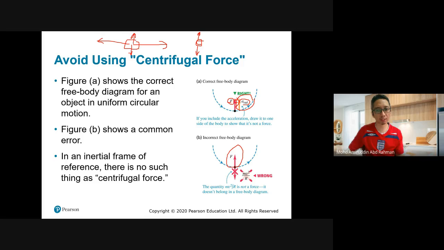Before, we explained that a equals mv squared over r, but that's not a force, so it doesn't belong in the free body diagram.